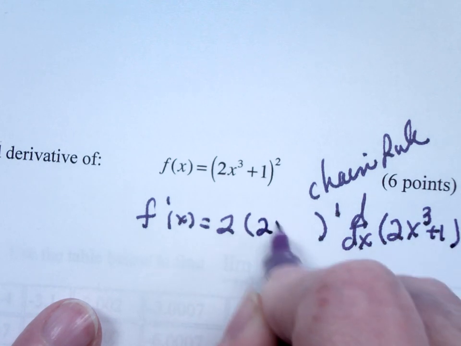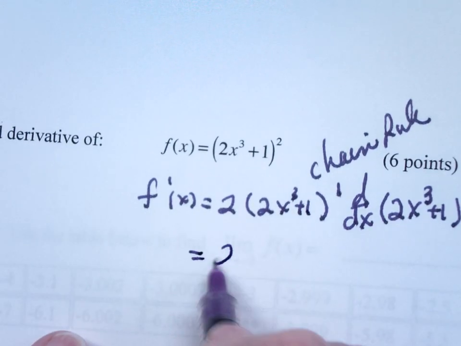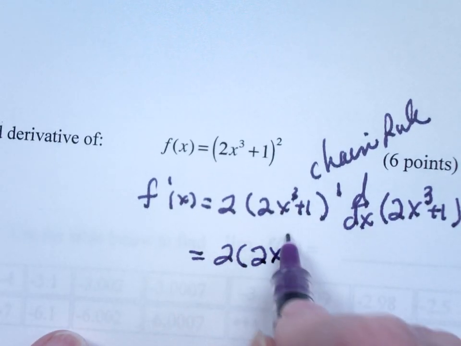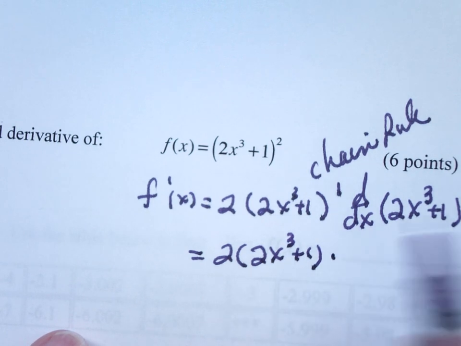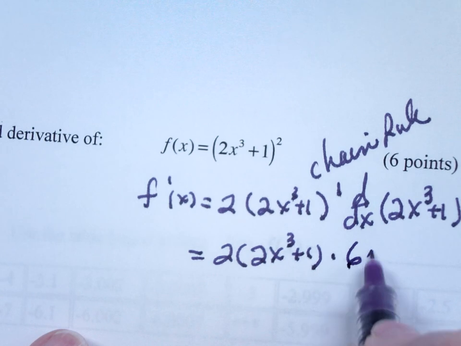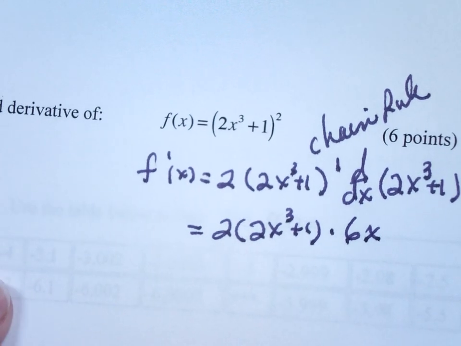So this is 2 times (2x cubed plus 1) times the derivative of 2x cubed plus 1, which is just 6x. So there's f prime. That's the first derivative.